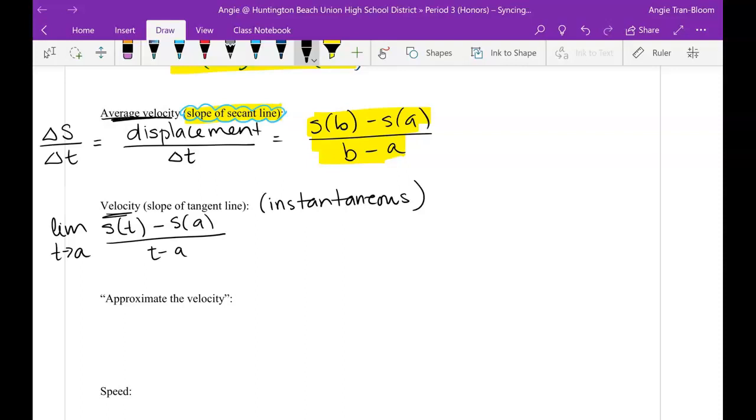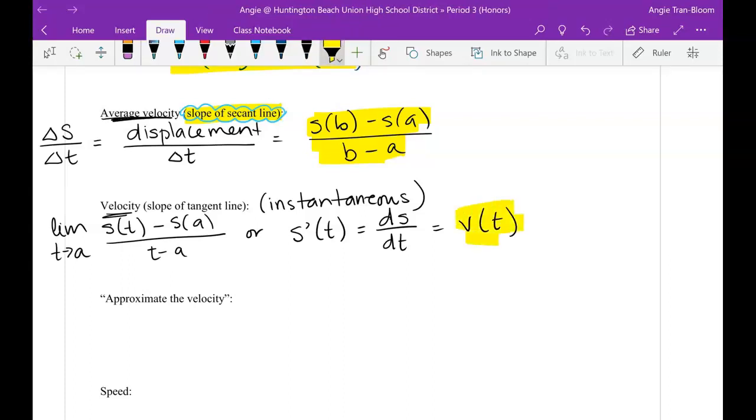Not the formal definition of limit. Or, since you already know how to find the derivative the quick way, you can just do that, right? So S prime of t, which is really saying the same thing as ds over dt, is the same thing as the velocity, okay? So class, the velocity is the same thing as taking the first derivative of the position.